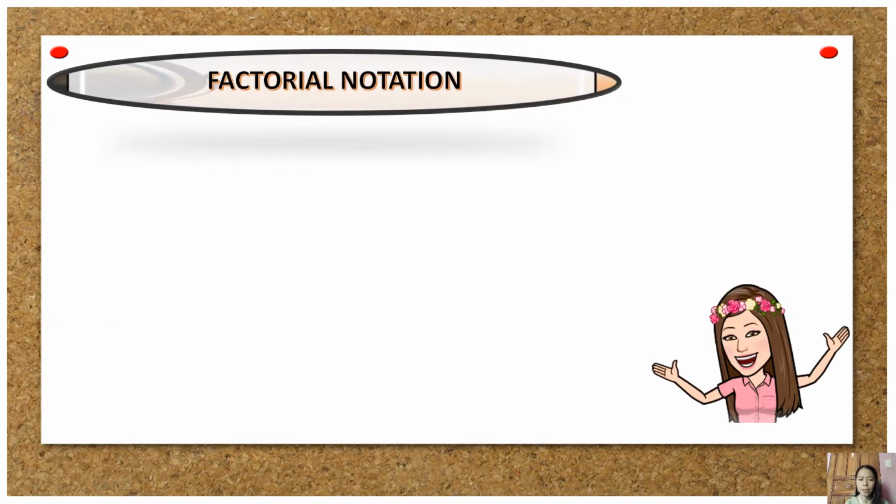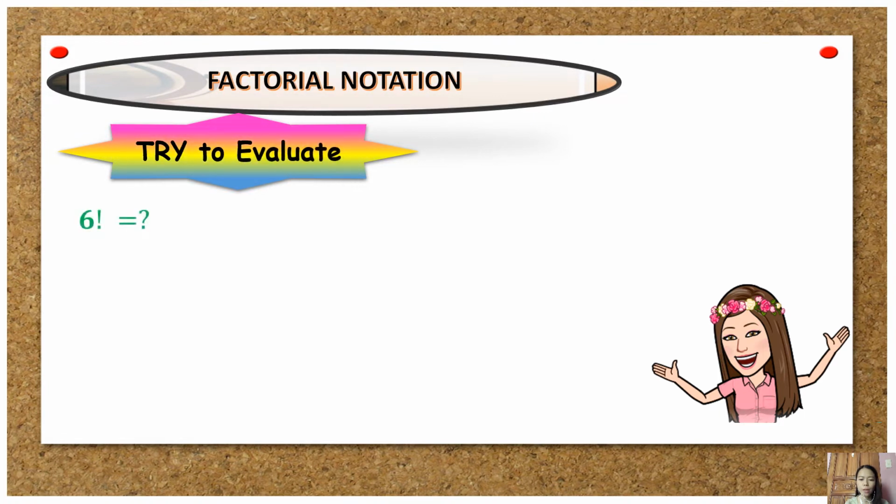Okay, let's try to evaluate the following. 6 factorial. What is the value of 6 factorial? 6 times 5 times 4 times 3 times 2 times 1. And the answer is, please send your answer in our group chat. Okay, the answer is 720.